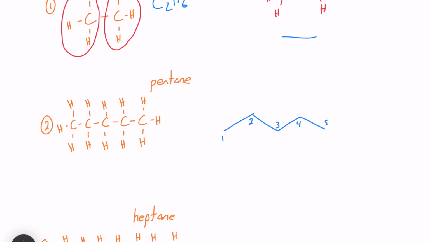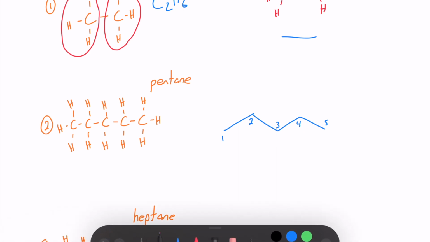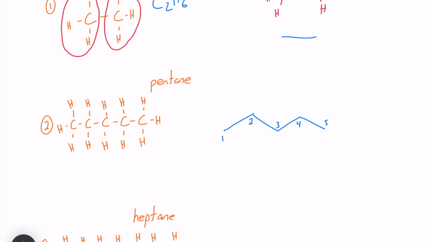Let's represent where our hydrogen are now. This first CH3 group is going to be found on carbon number 1. So we have 3 hydrogen bonded to that carbon. On carbon number 2, we can see we have 2 hydrogen.